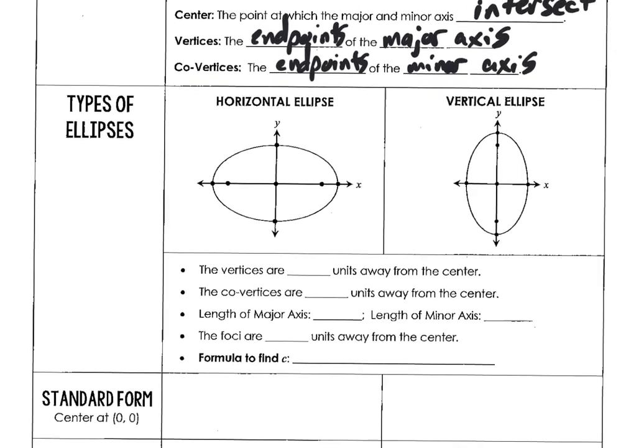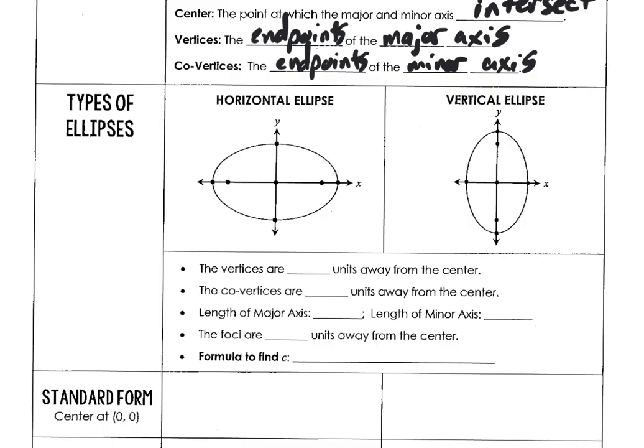So if we come down here and label some of these and talk about the values we're going to use. First, this right here would be a vertex point. This right here would be my other vertex point, and I'm just going to label it with V. This right here is what we call a co-vertex, and this one is my other co-vertex.